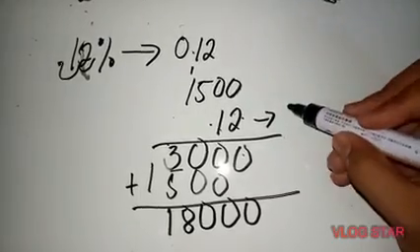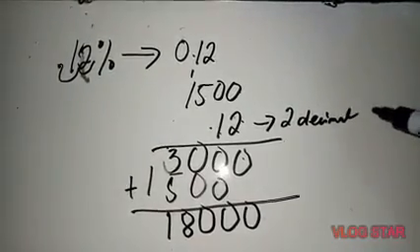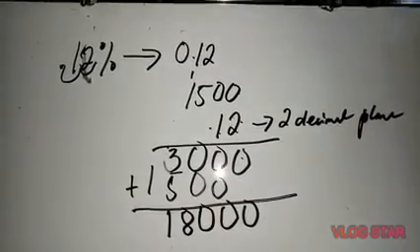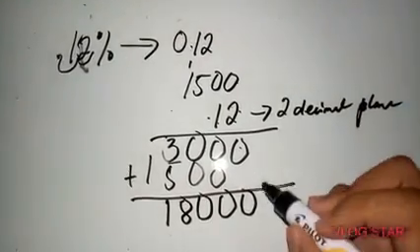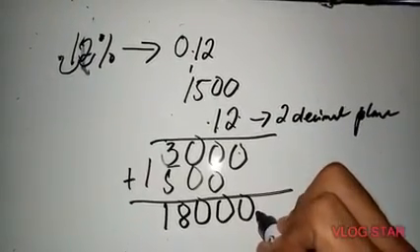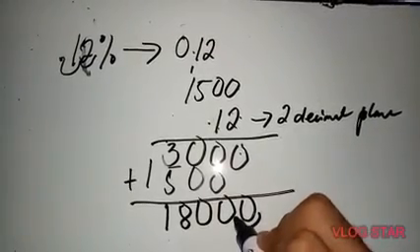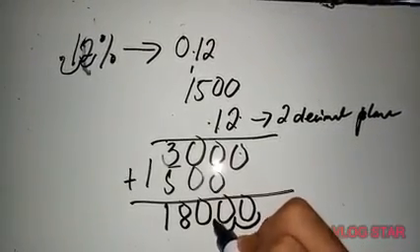Since this is 2 decimal places, we just need to move the decimal point twice to the left. So here, 1, 2.